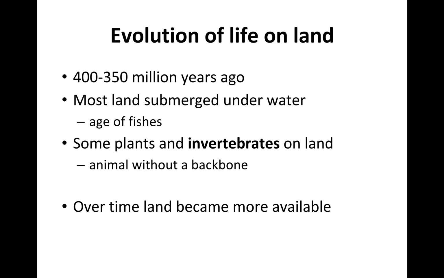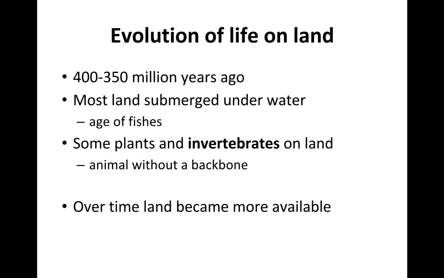So going forward, between 4 million and 350 million years ago, most land submerged underwater. This is basically the age of fishes. Some plants and invertebrates started migrating onto land, and again, an invertebrate is an animal without a backbone.